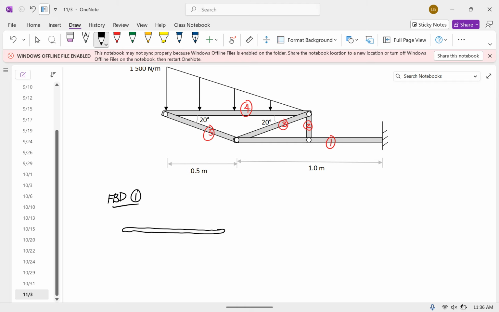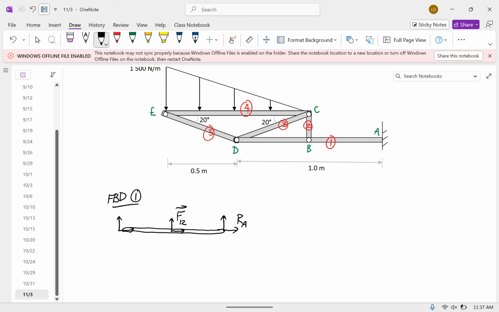There's a fixed joint at the right, so I'll call that RA. Let me label these joints. So that's A, B, C, D, E. So there's RA. And then here, there's a force on 1/2.